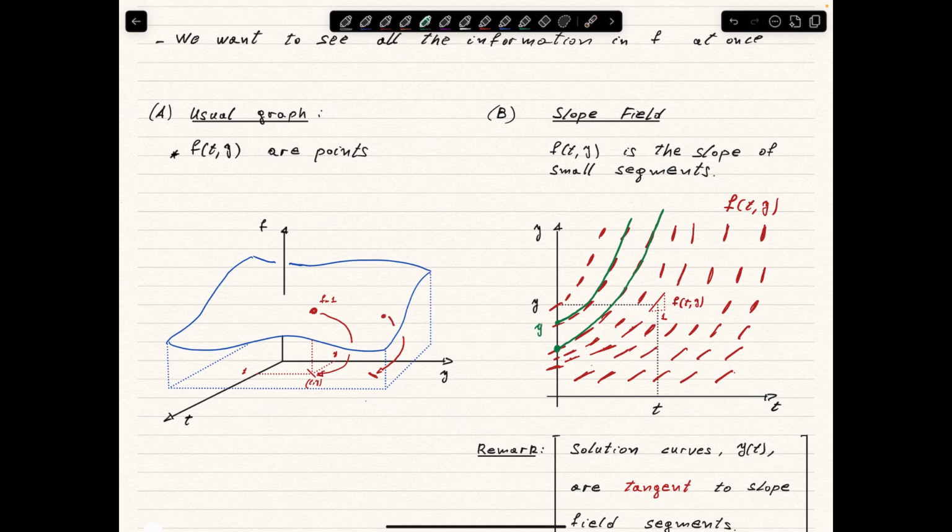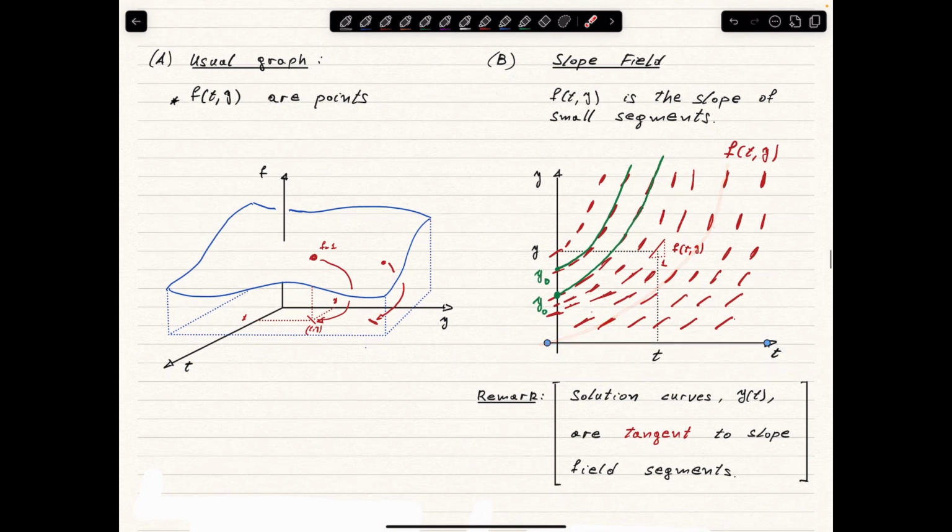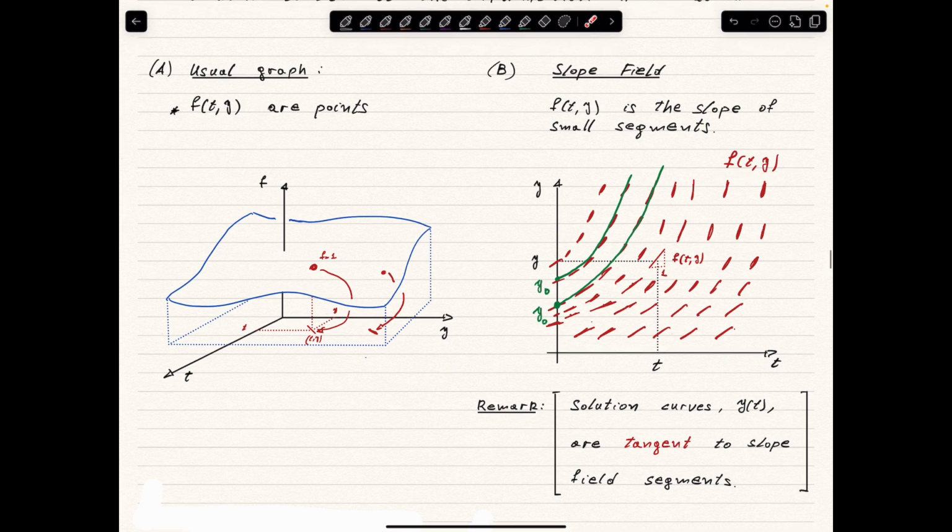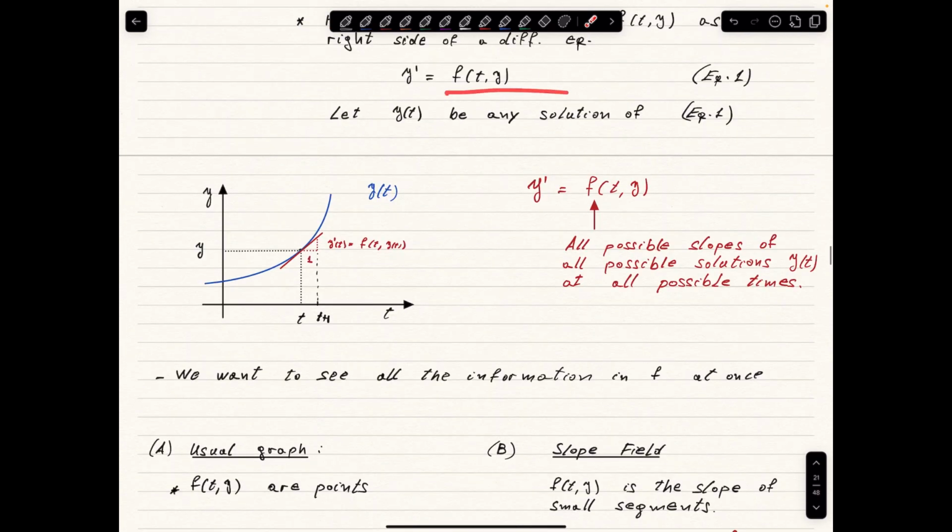Here is one initial condition, here is a different initial condition. For any other initial condition, we are going to have different solutions. That was a wrong solution there. The solution cannot cross the slope field. So that's why this type of picture is more interesting to us, because the function is actually the right hand side of a differential equation.